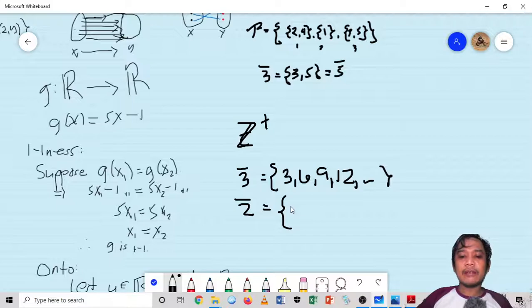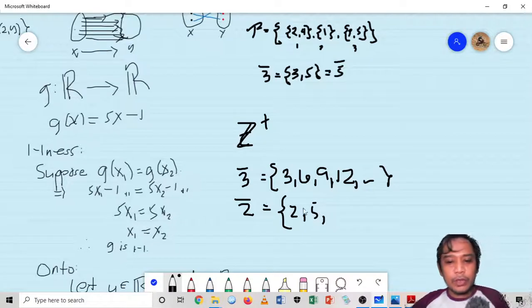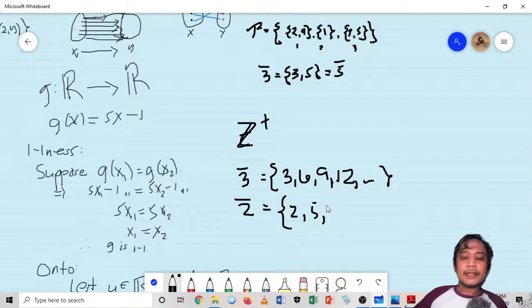So this would have the elements 2, 5, because the remainder would be 2 when you divide 5 by 3, then 8, then 11, and so on.